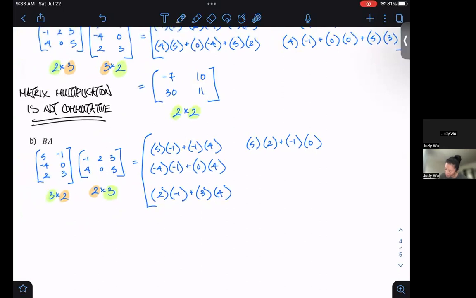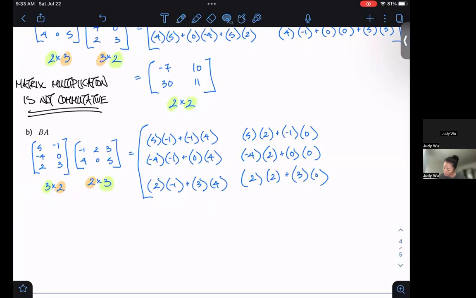Okay, so I took the first row and the second column. Now I'm going to take the second row and the second column. So -4 times 2 plus 0 times 0. And finally, I'm going to take the third row and the second column. So that'll give me 2 times 2 plus 3 times 0.